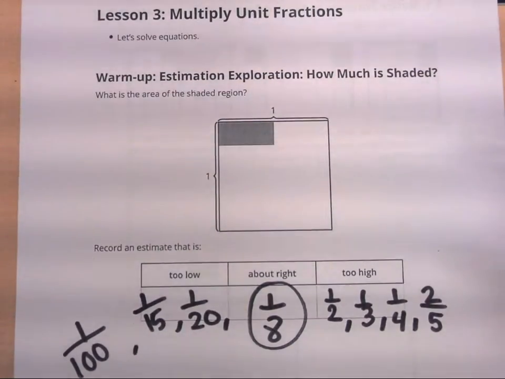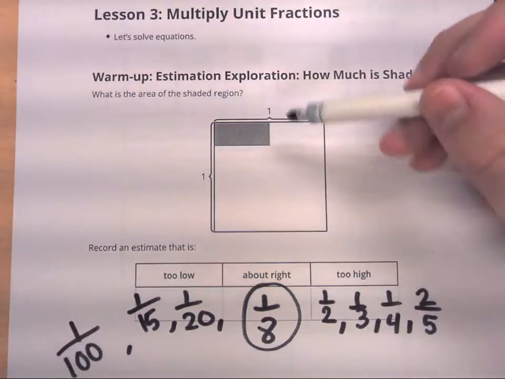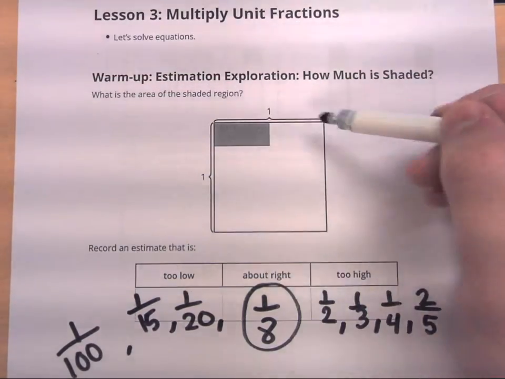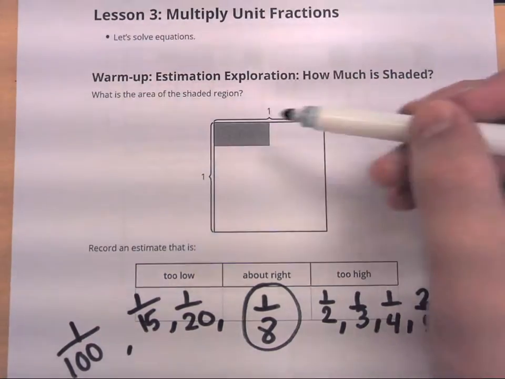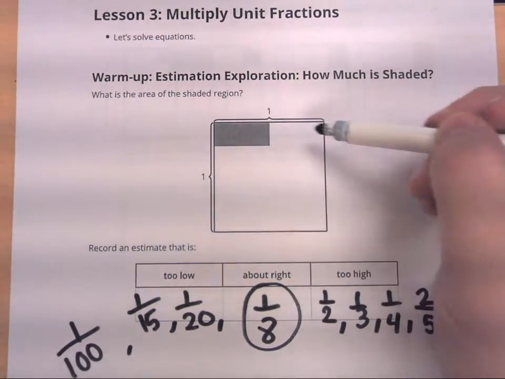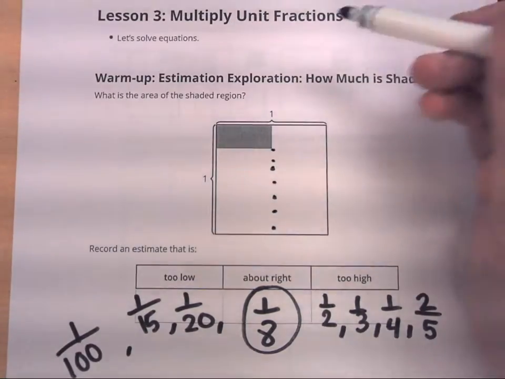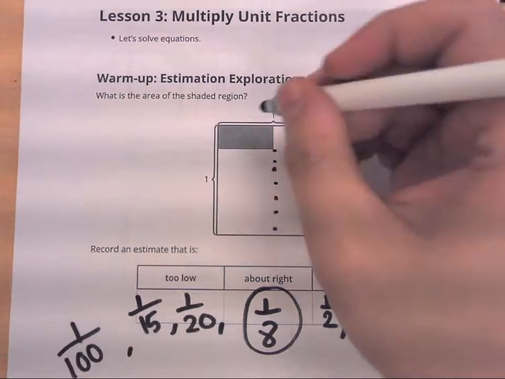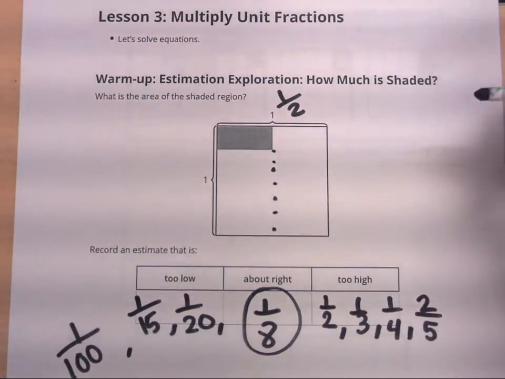And when students were asked to show the class their thinking, what they did is they thought, well, going across the top here, or the length of this side appears to be divided into two sections. And so they thought, okay, well, this side length has been divided into two, so we can think of this side as a half of the whole.